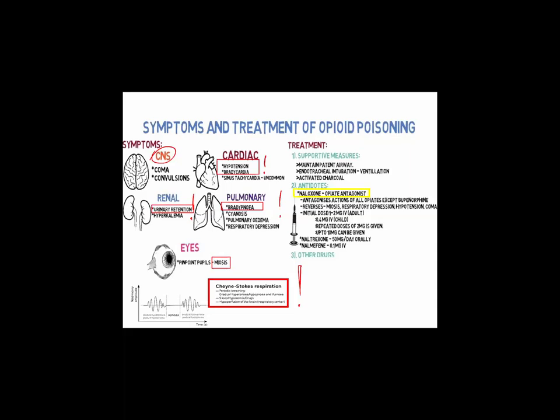It antagonizes actions of all opiates except buprenorphine. It reverses miosis, respiratory depression, hypotension, coma. Naltrexone can also be used, and nalmefene in different doses. And we can also use other medicines if required to minimize the side effects.